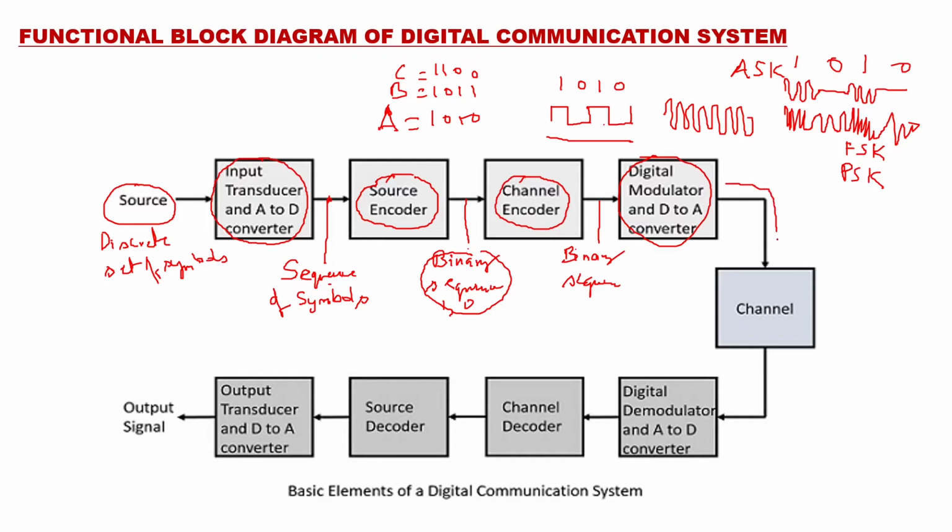Then it will start going on the channel. The channel is nothing but the connection between transmitter and receiver. The top line, from source till modulator, is your transmitter section. Below, this line is your receiver section.